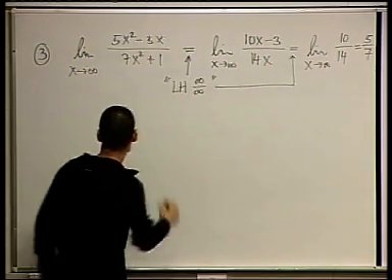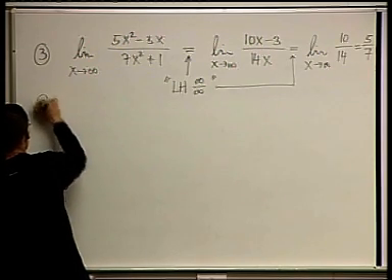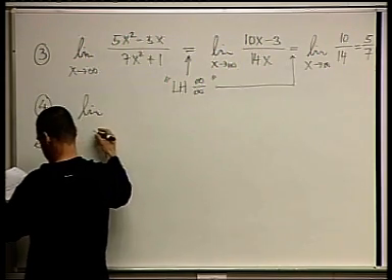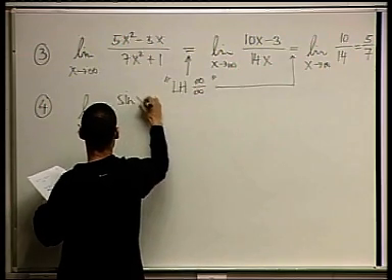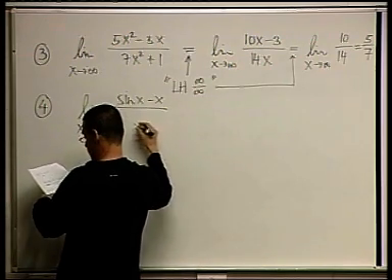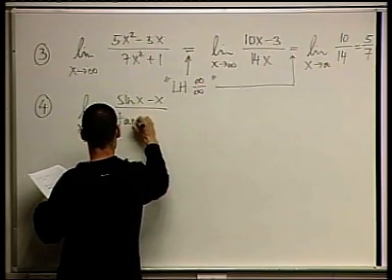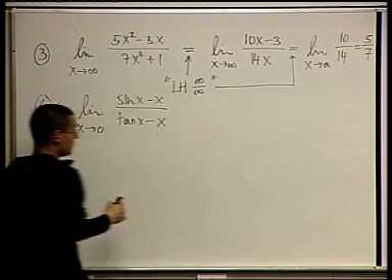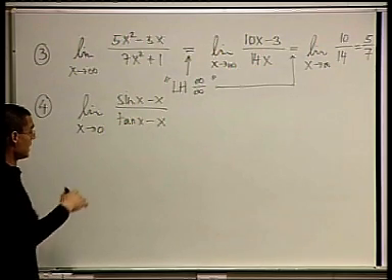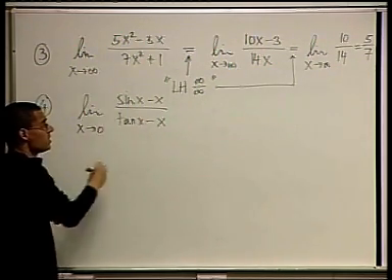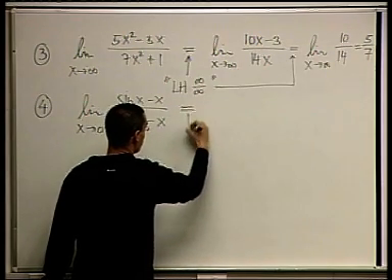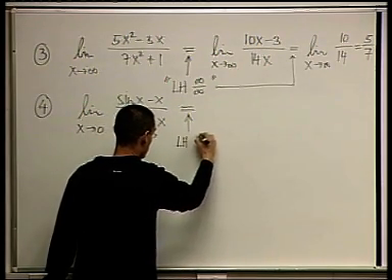Okay? Example 4. Let's take the limit as x goes to 0 of sine x minus x divided by tan x minus x. As x goes to 0, sine goes to 0, tangent goes to 0, so this is a L'Hopital 0 over 0 situation.